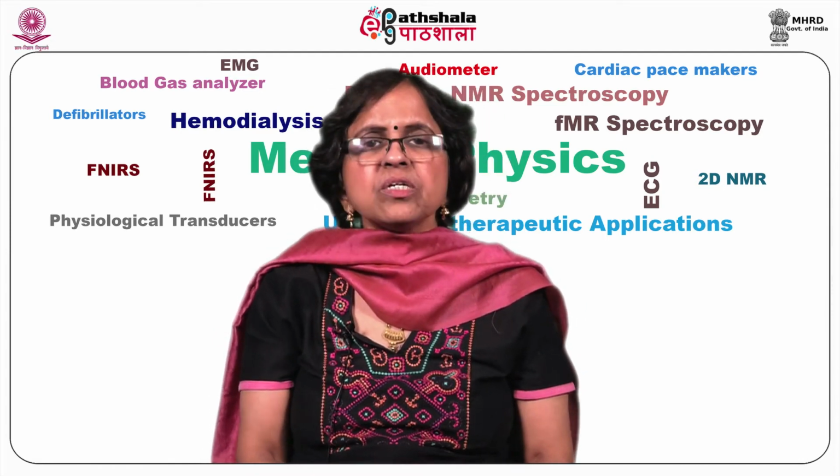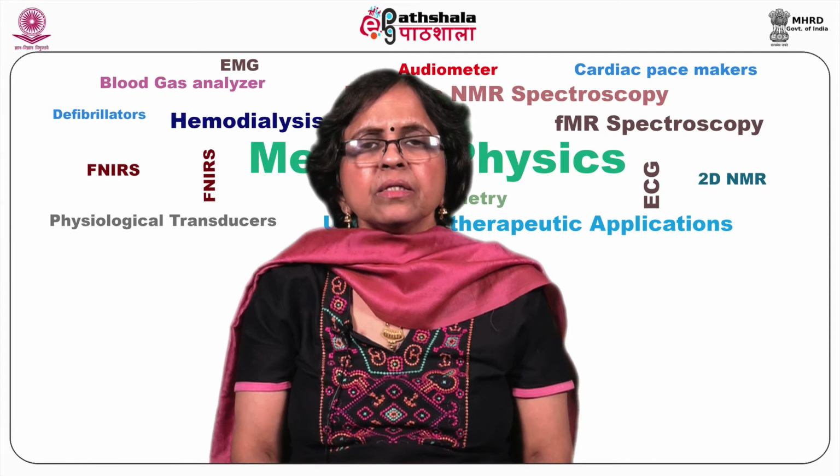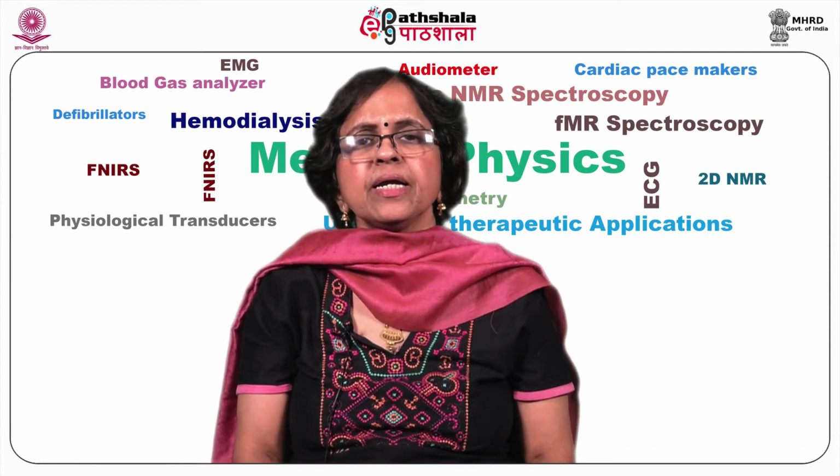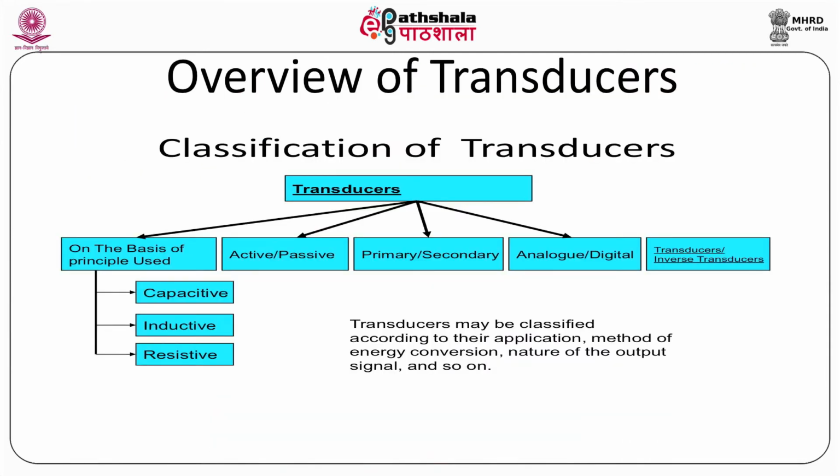So let us now see in detail about the sensor output and others. Slide 13. Now after introducing you to the term transducer, I am giving you an overview of the transducers in this slide.